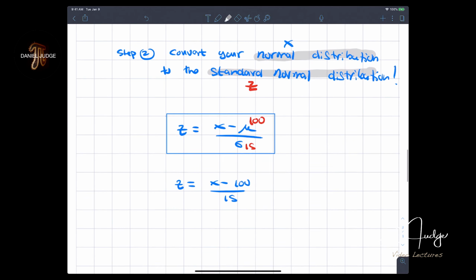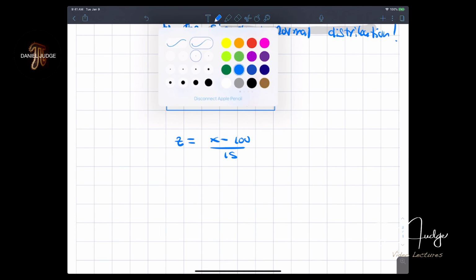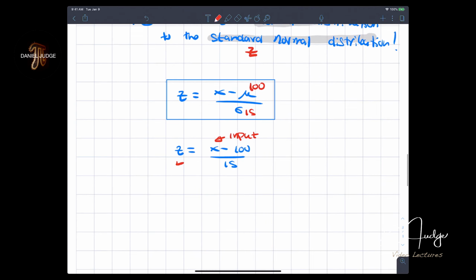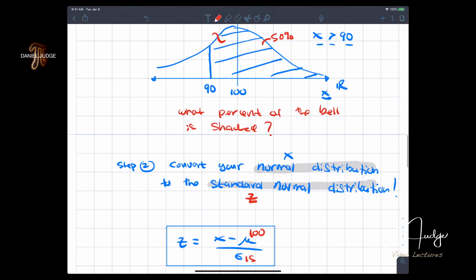But you say, well, how does this formula work? Here's how this works, right? You have to input an x value to determine the z value. So you have to put in a value of x to get a value of z. Now you say, where are the x values? See this over here?